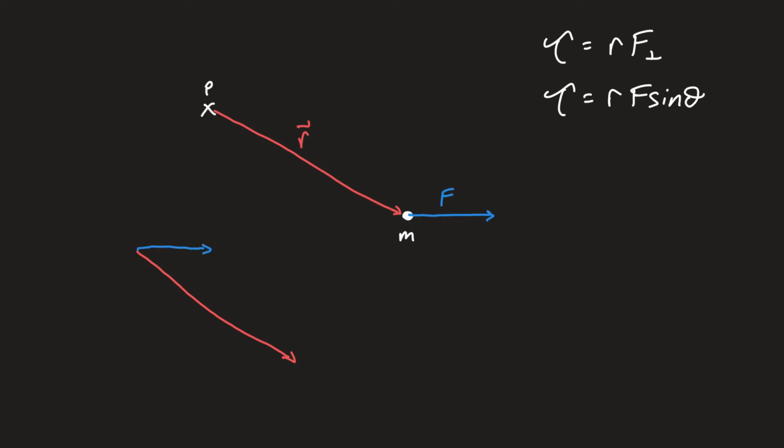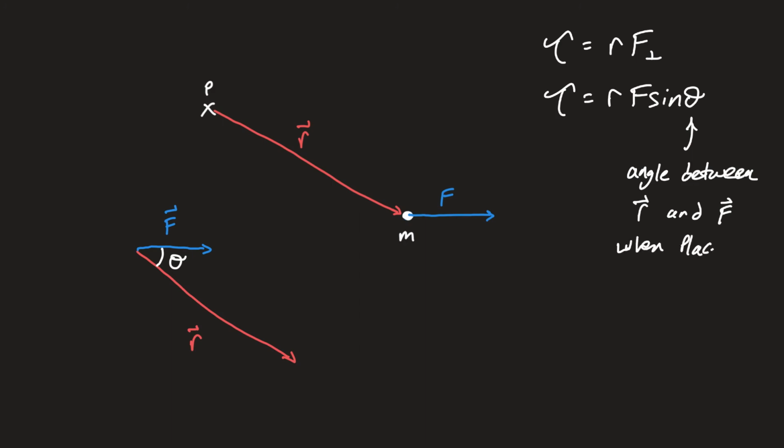Tail to tail. When you do that, this angle is theta, the angle between the vectors. So we'll write down here: this is the angle between r and f when placed tail to tail. Cool.